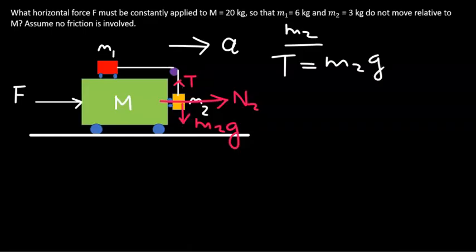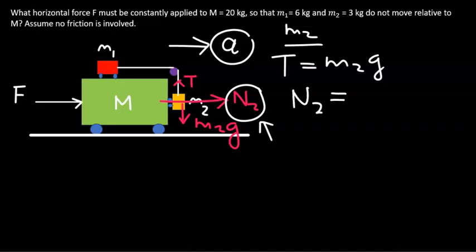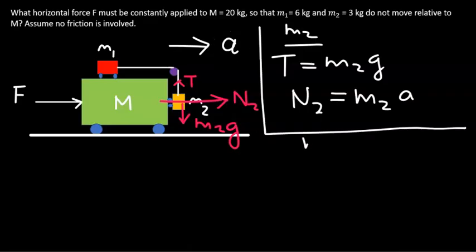The other thing is, since the only rightward force on M2 is N2, this N2 is related to the rightward acceleration. So the net force in the rightward direction on M2 is N2, and that equals M2A by Newton's second law.